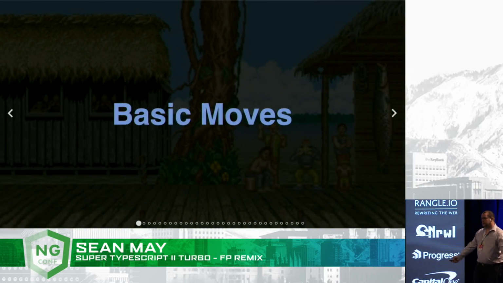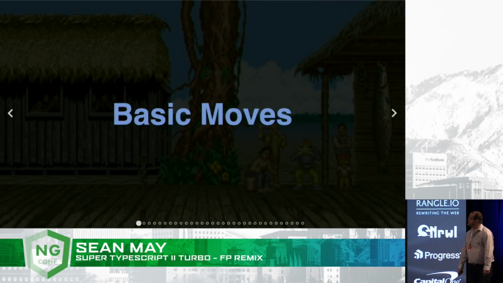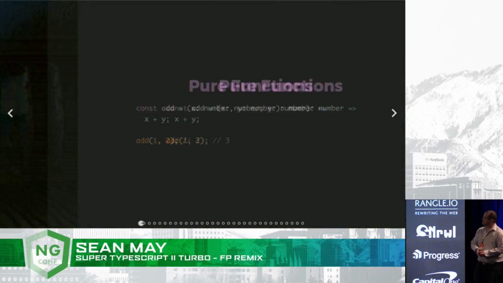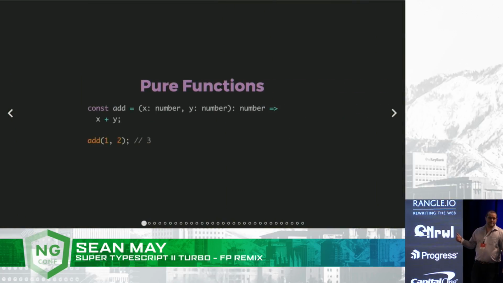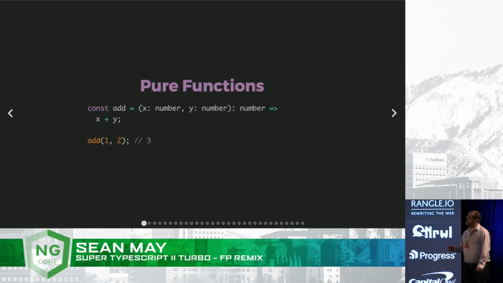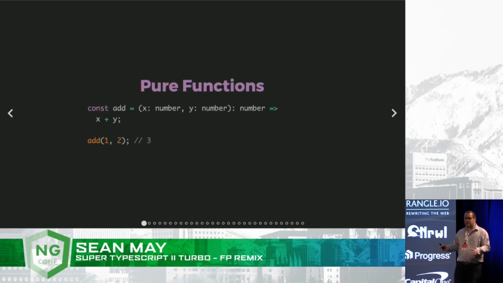All right, so let's start with the basics. Pure functions, right? I have a function that does nothing but take two numbers and return a number. Right? The concept of pure functions is that they don't modify anything outside of them. You can run that 1,000,000 times and you will always get the same answer. Right?